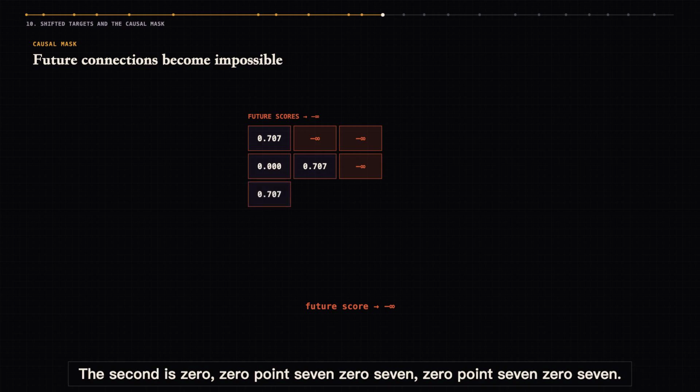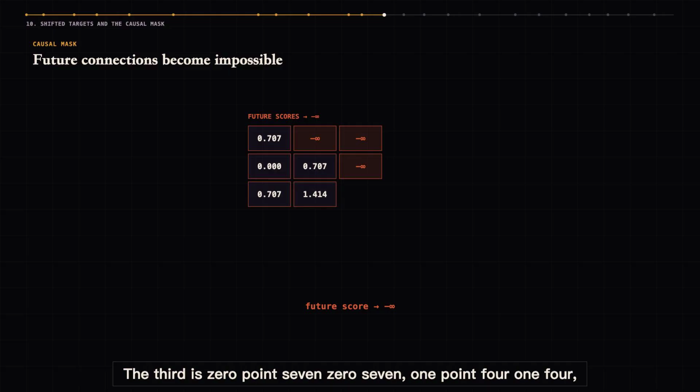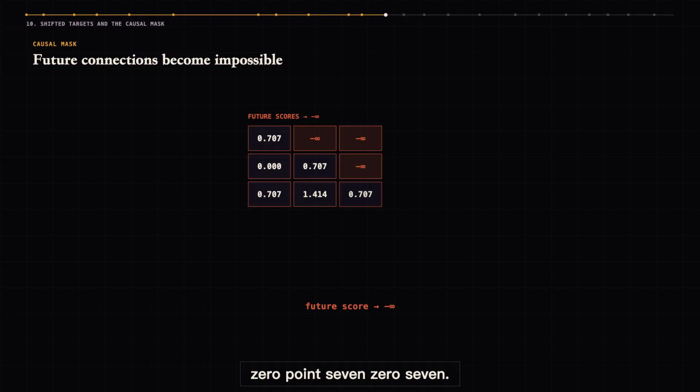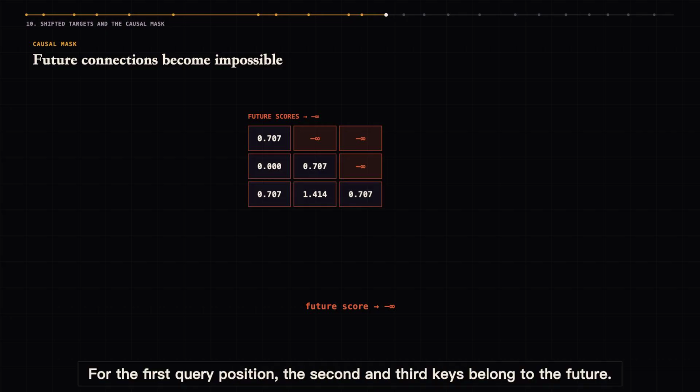The second is 0.707, 0.707, 0.707. The third is 0.707, 1.414, 0.707.